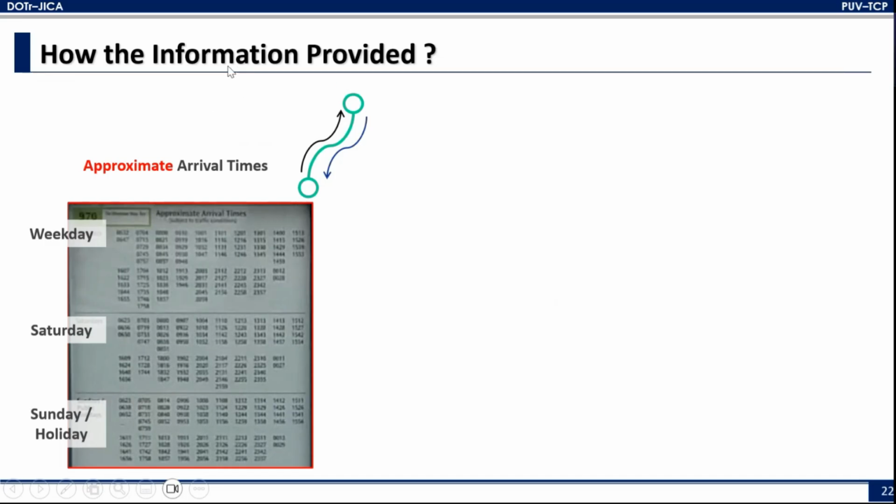I would like to explain how such arrival information is provided. For example, suppose there is one route from the origin to the destination, and this bus stop is around here.